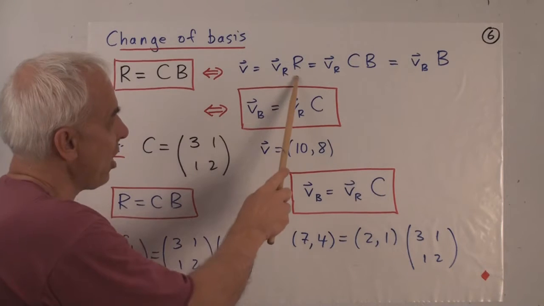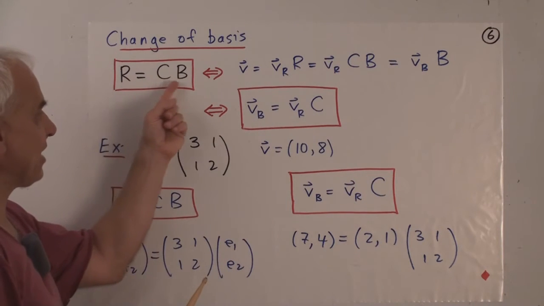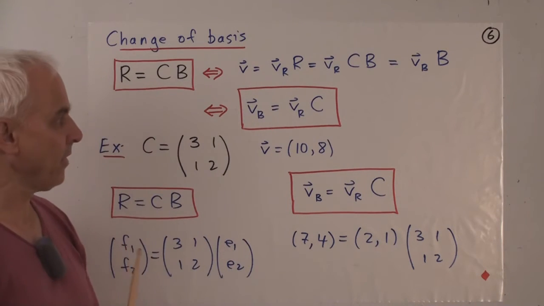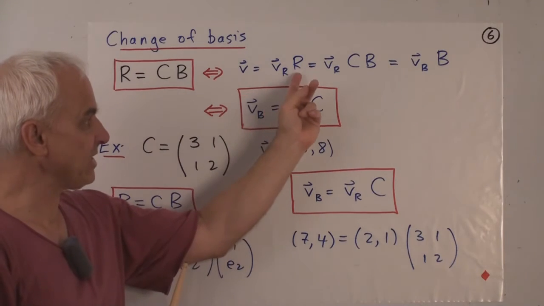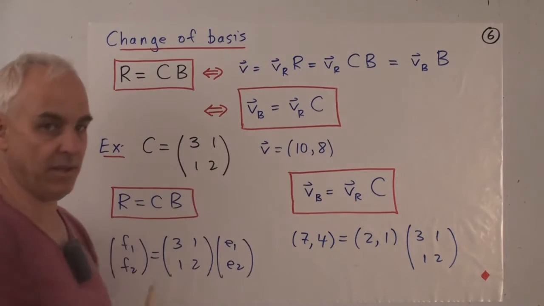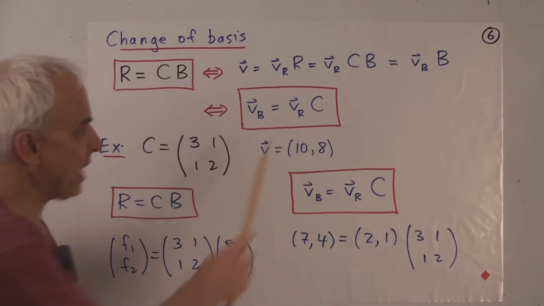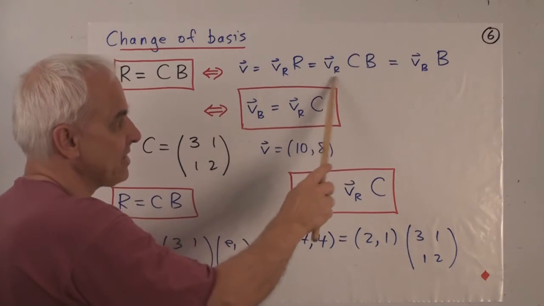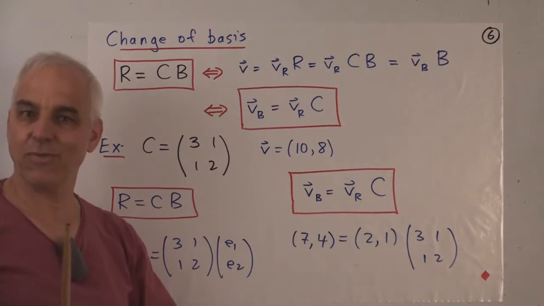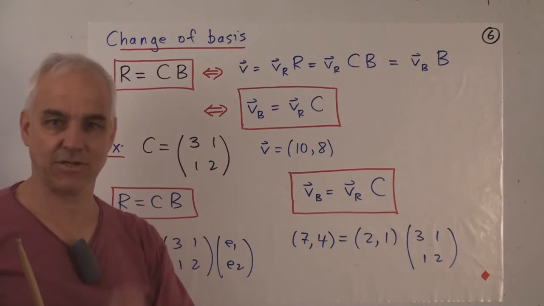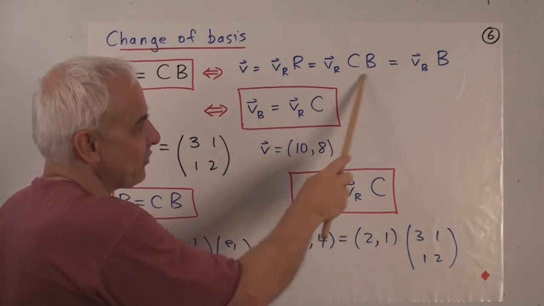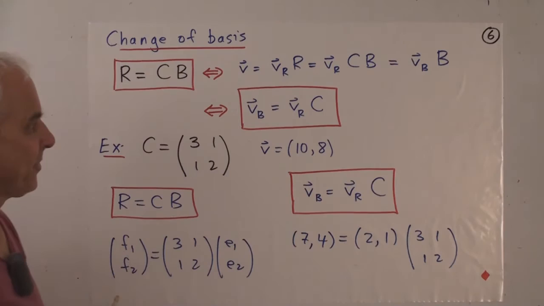Now this matrix R, we've said, is C times the matrix B. So in this equation we can replace the R with C times B. Actually there's brackets around here, but this matrix operation, even when extended to matrices, is still associative. So in fact we don't really need brackets there.